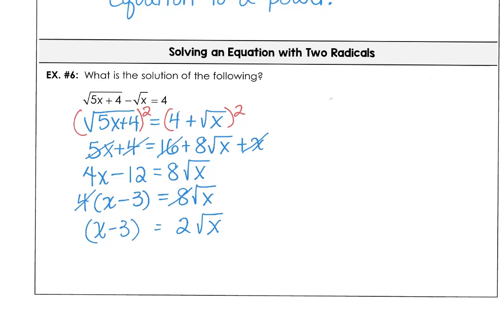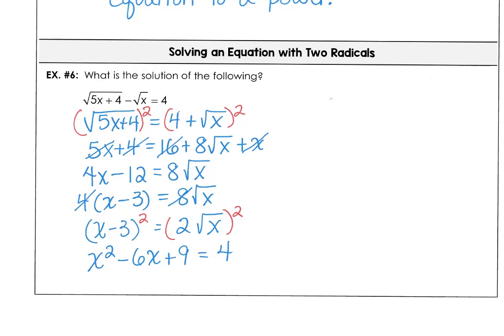So again, I want to square both sides, so squaring the left and squaring the right. We'll have, again, a binomial on the left, so x squared minus 6x plus 9. And on the right, we have 2 squared, which is 4.